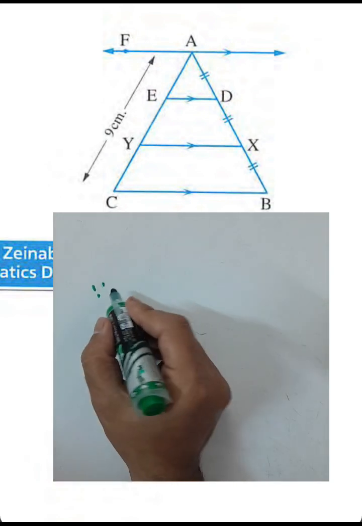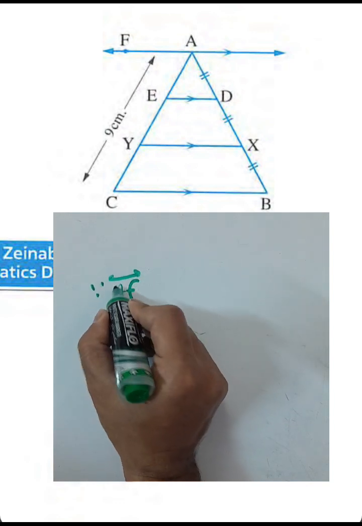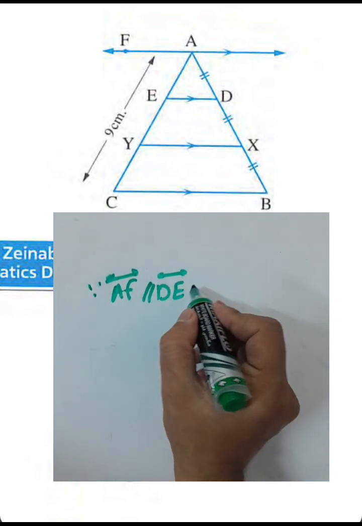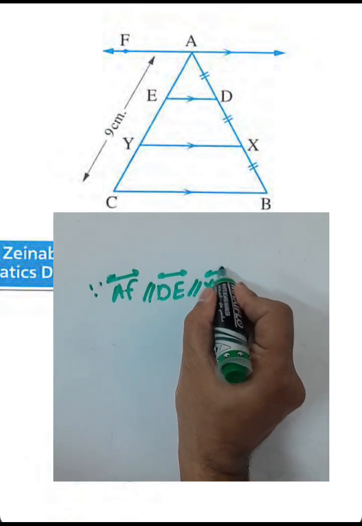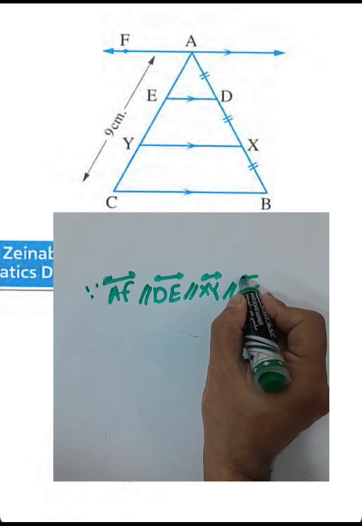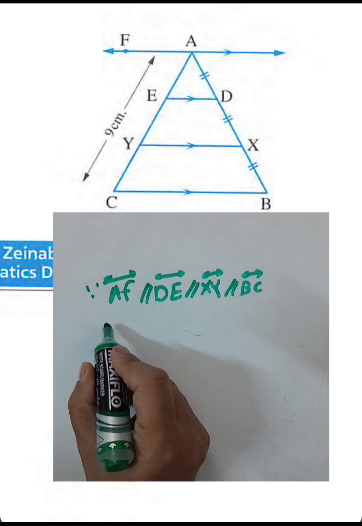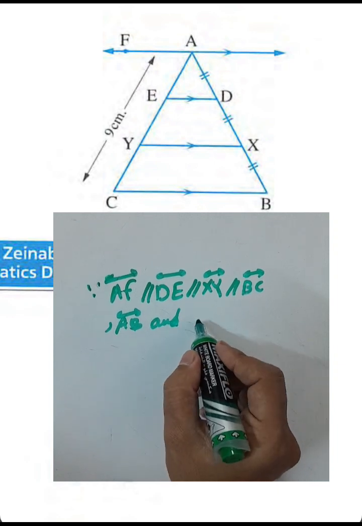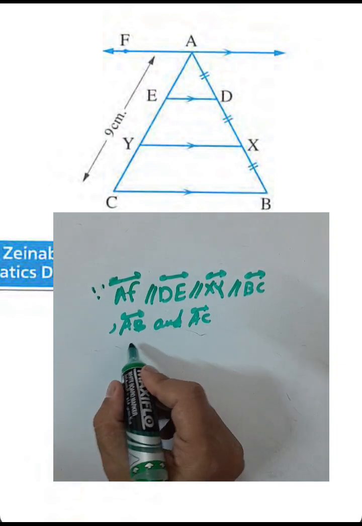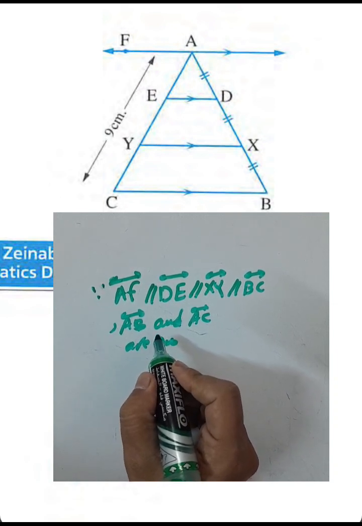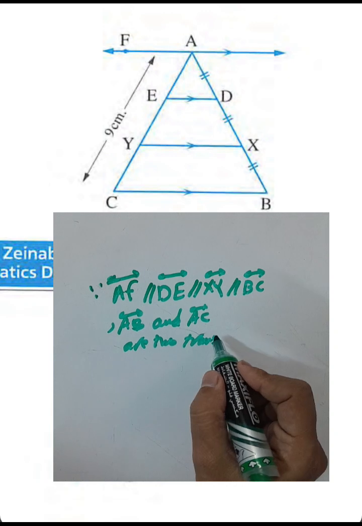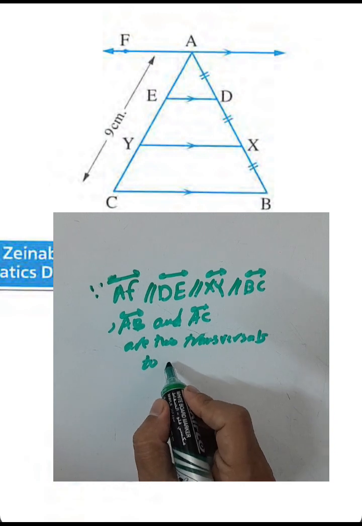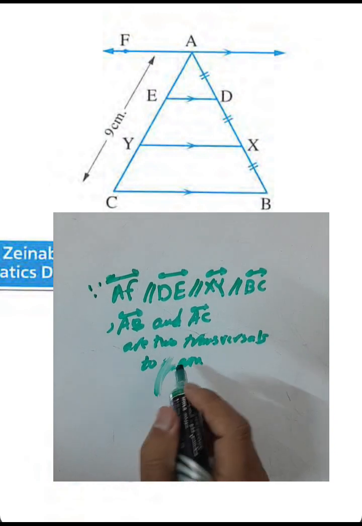Since straight line EF is parallel to DE, parallel to straight line XY, parallel to straight line PC, AP and AC we call transversals, or two transversals to them.